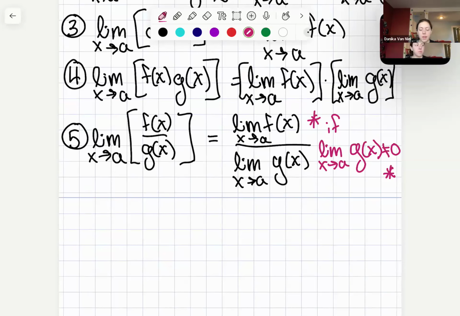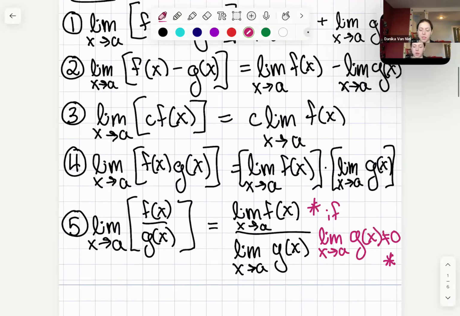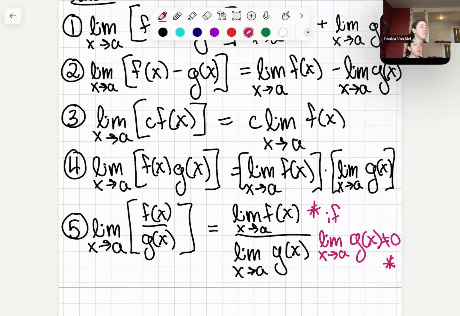Okay. And hopefully that makes sense, right? Because in order for each of the pieces to make sense, they need to both exist, or else I have something like "does not exist" divided by 17. Like, what is that? I don't know.